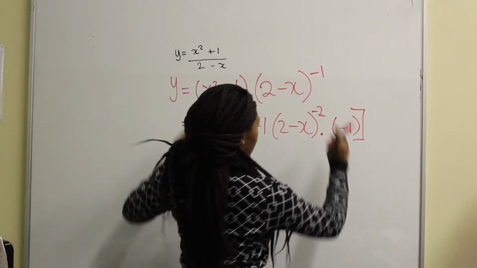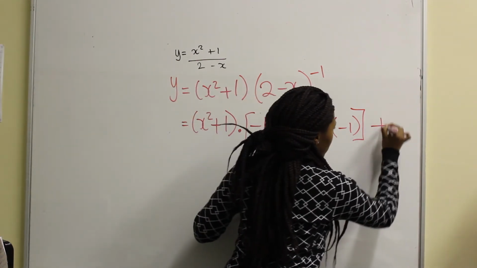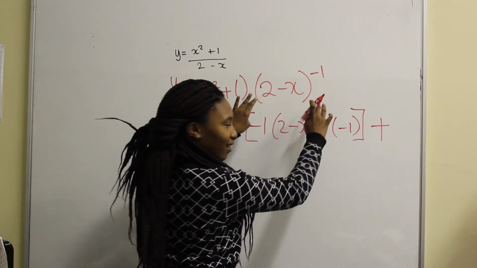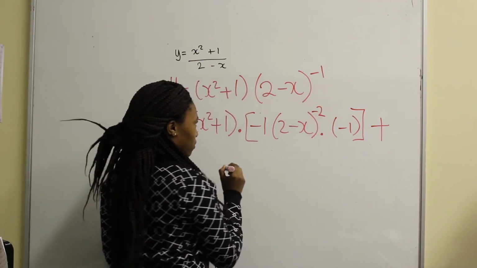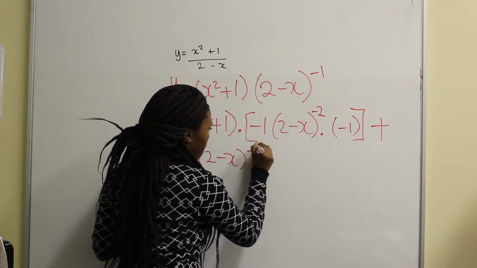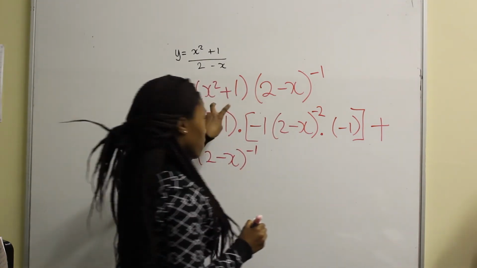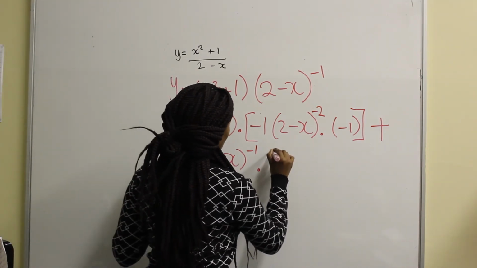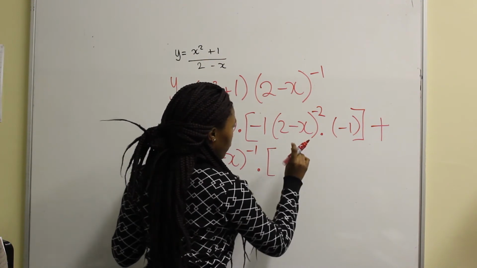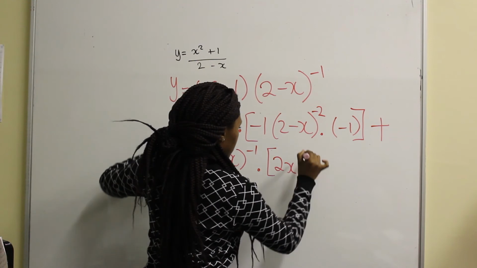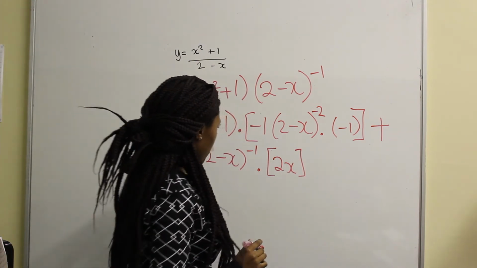The derivative of the x term gives us -1, right? So this is like the first part. Then we keep the second term, which is 2 minus x to the power of -1, and we find the derivative of the inside of this bracket, which is 2x, right? Basically.